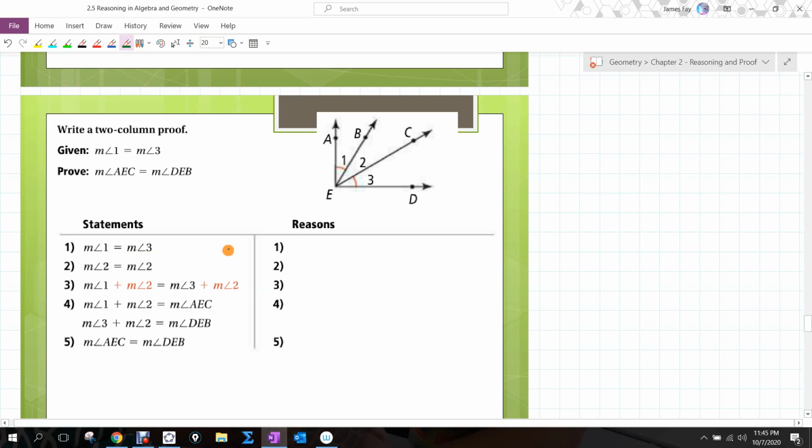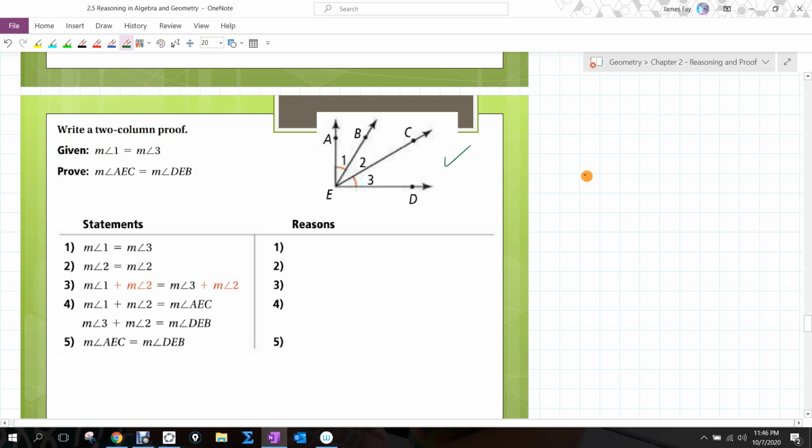So it'll be kind of a hit and miss hodgepodge of filling in statements and reasons. Eventually, the task will be a completely blank proof. We're given these 2 things, we're given a picture, and we come up with all the statements and all the reasons.